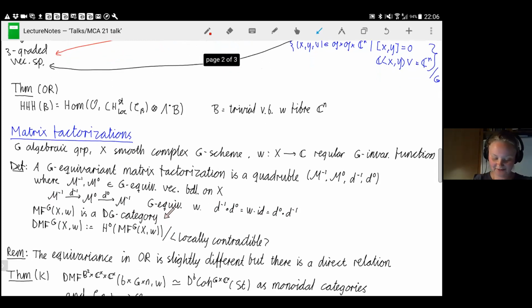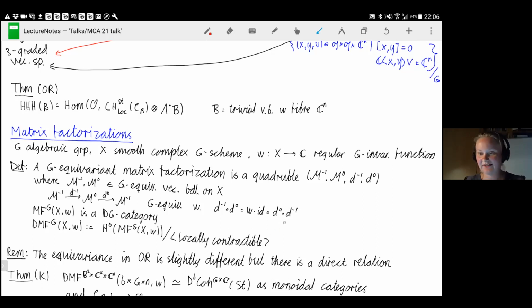So this thing is an honest DG category, even if we had some funny differential going on here. This is a DG category, and we can take its homotopy category. And then we mod out by what's called locally contractible objects. It's not super important what it is.